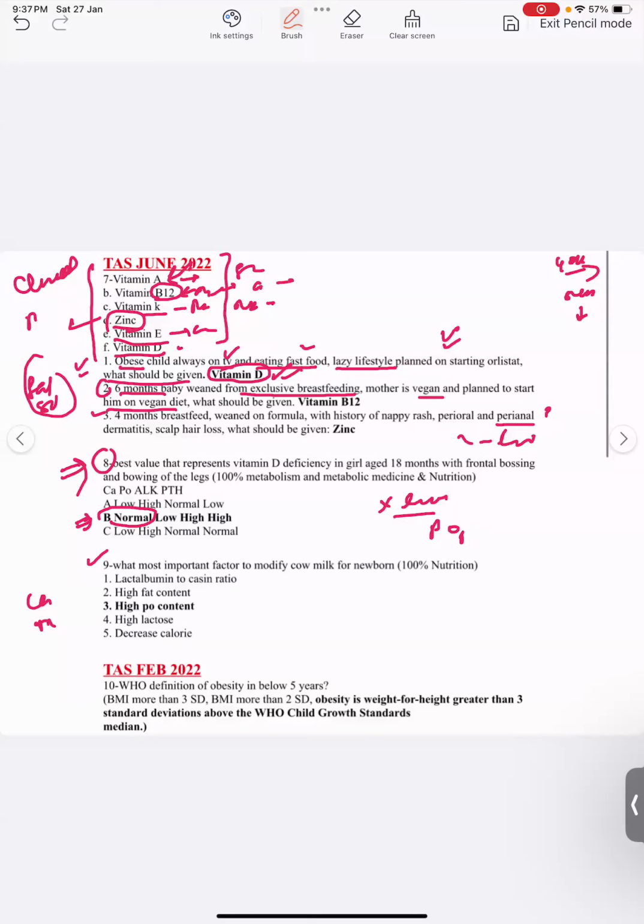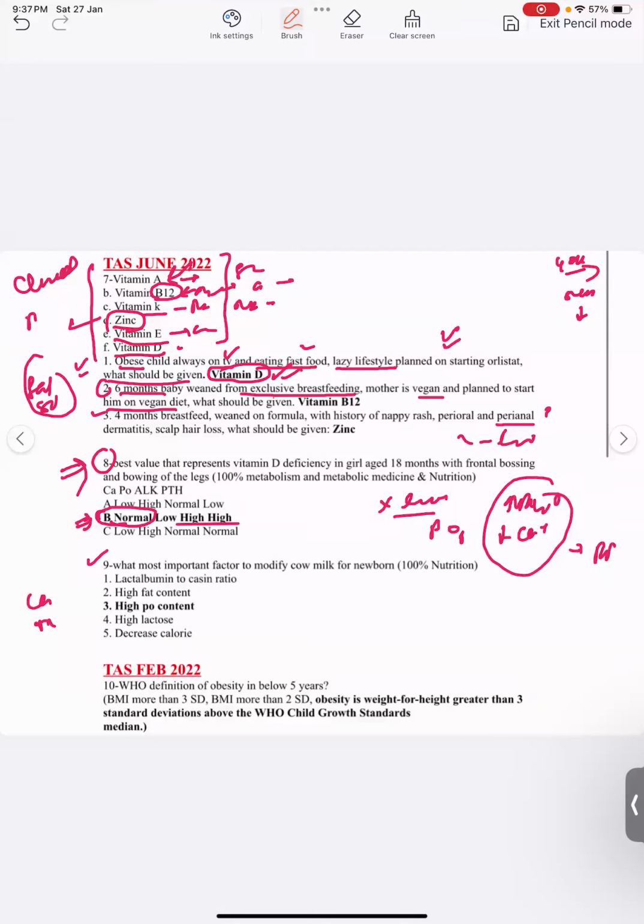There is no hard and fast rule that the PTH level will not be raised. There are different sensors, that is your increased level of phosphorus number one and decreased level of your calcium. These two are the sensors for the release of the PTH.